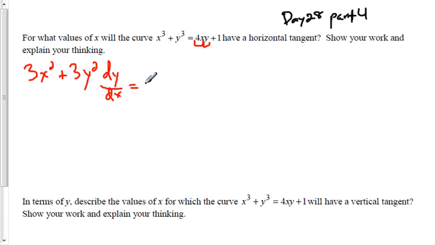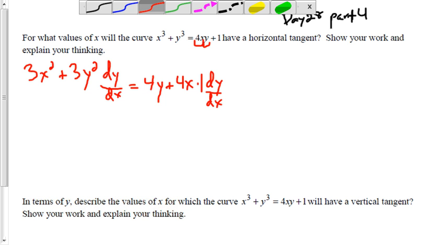So derivative of the first is 4, again, 4x, derivative of 4 times y. Now the derivative of y, well, we'll do derivative, leave the 4x the same, and then derivative of y is 1, and then dy/dx. And then lastly, the derivative of 1 is just 0, so I'm not going to write that.